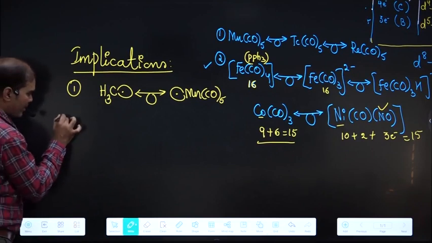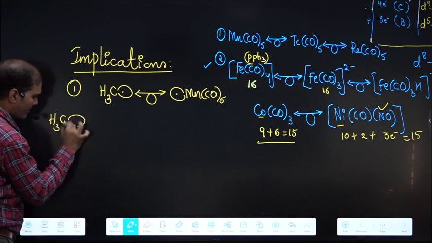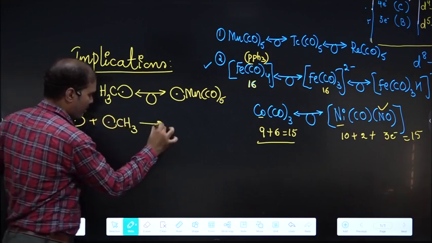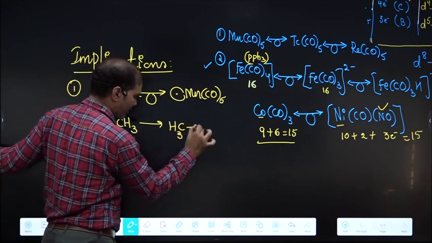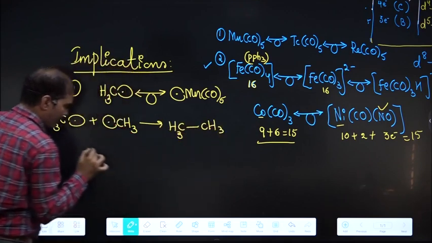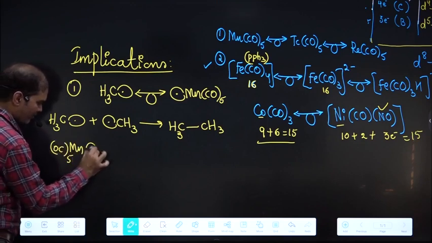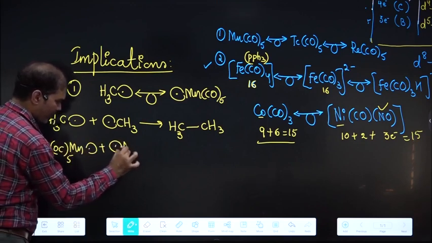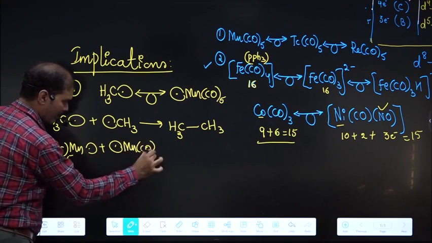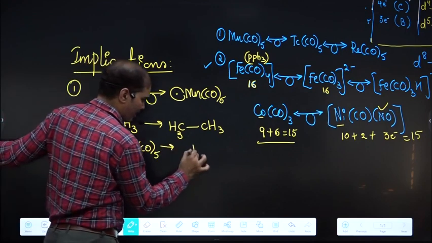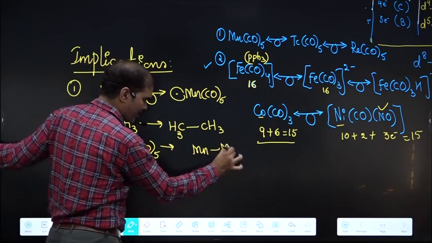Let us check. Suppose I combine a methyl plus another methyl, this will give you ethane. Likewise, if I combine an MnCO5 unit with another MnCO5 unit, I should get a similar structure. And once they did the reaction, they did get a similar structure.